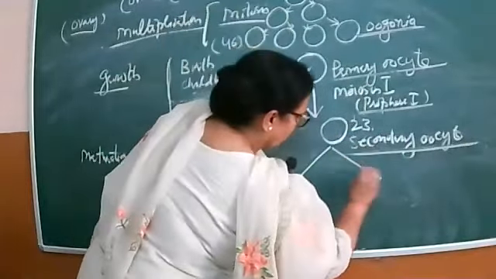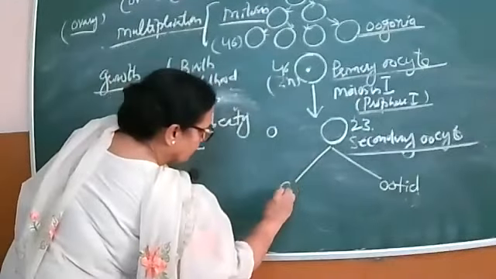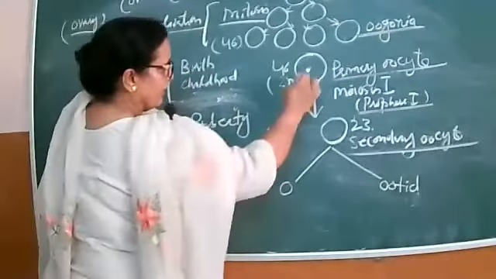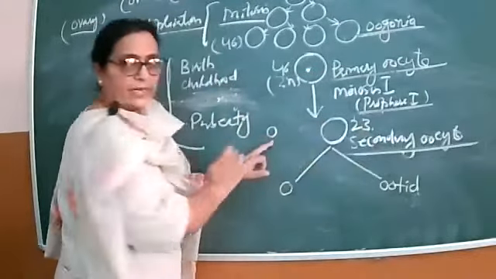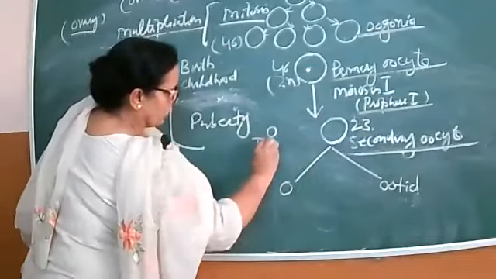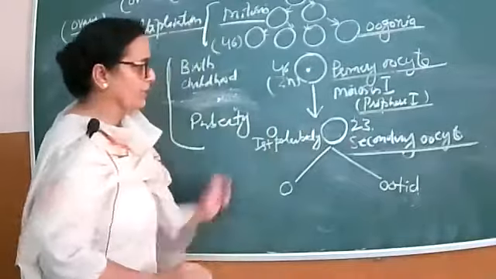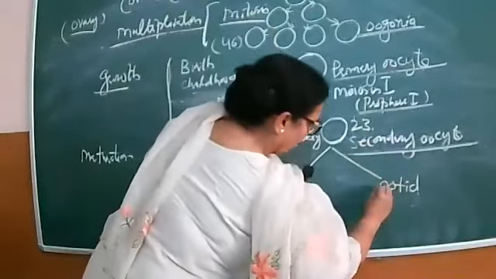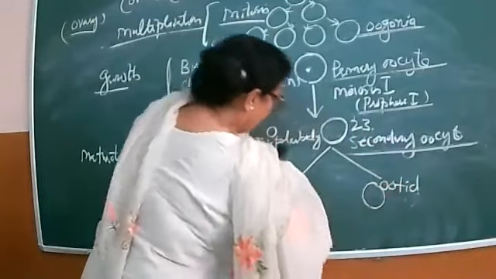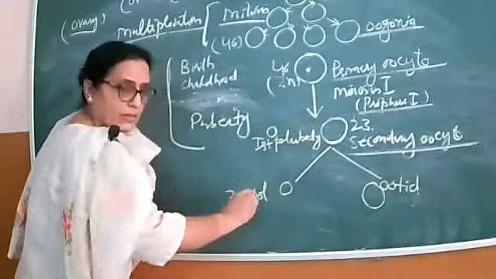This will form the ovum or ootid, we can say, and one more cell is formed. As a result of this division, 2 cells were formed: the secondary oocyte and one small cell, which is known as the first polar body. Then when the secondary oocyte undergoes division, 2 cells will be formed, one again big in size, another small. This is known as the second polar body, right?